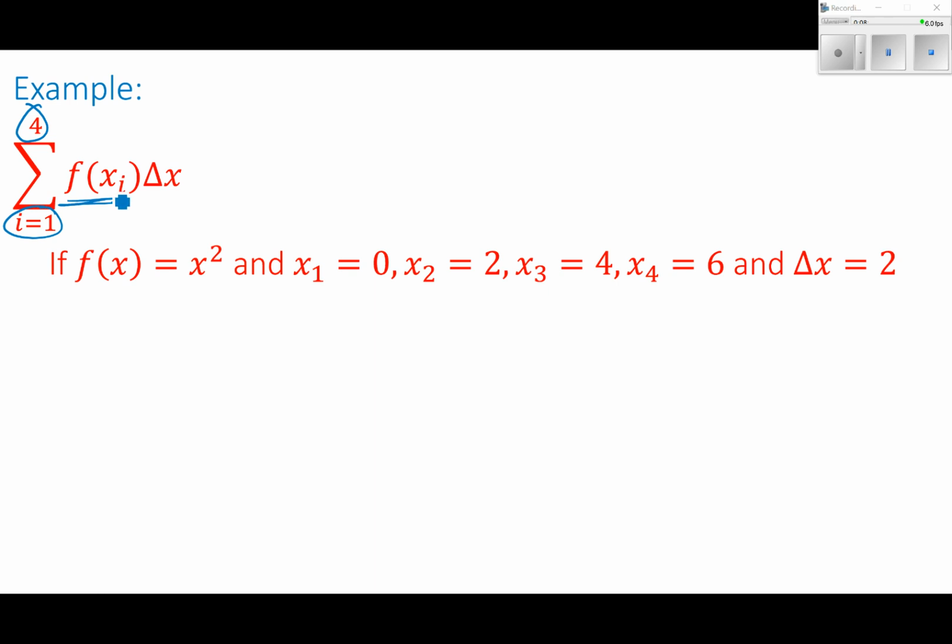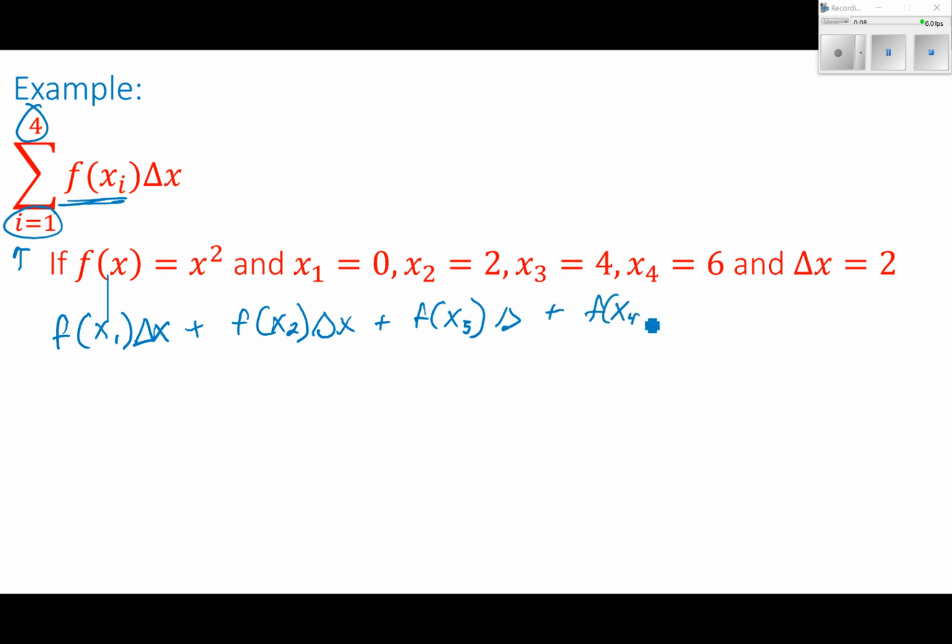So the first thing I want to do, f of x sub i. Well, I know that i equals 1, so this is really f of x sub 1 delta x plus f of x sub 2 delta x plus f of x sub 3 delta x plus f of x sub 4 delta x.